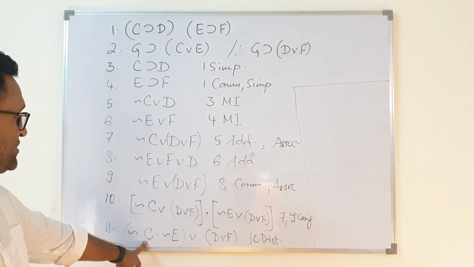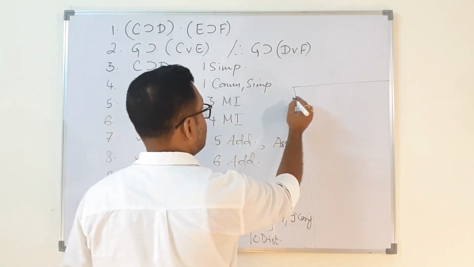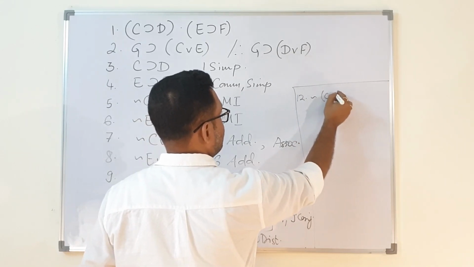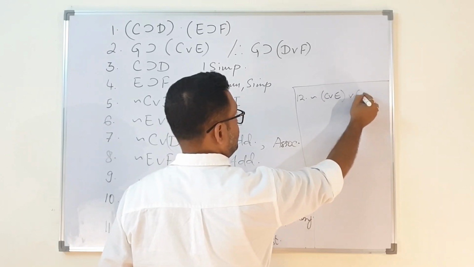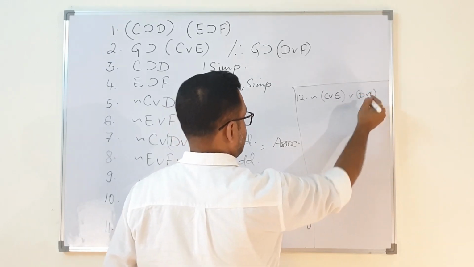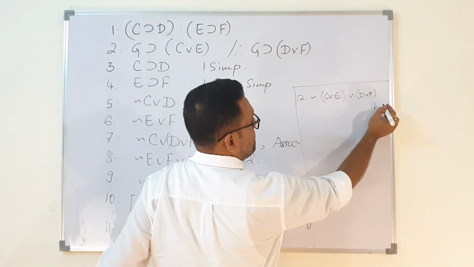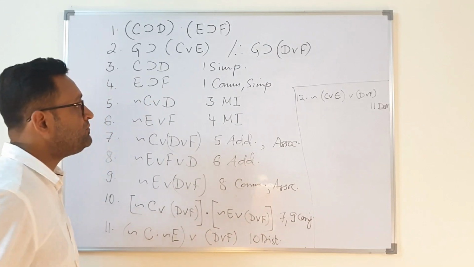Now this negation of C dot negation of E can be written as negation of C wedge E wedge D wedge F. This is on 11 De Morgan's law. Fine. Okay.